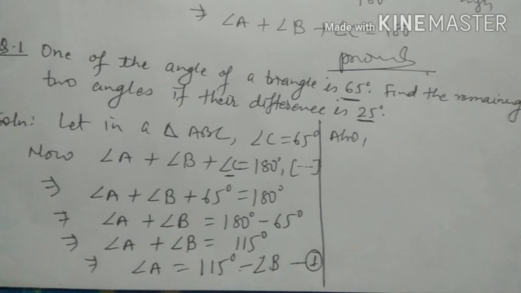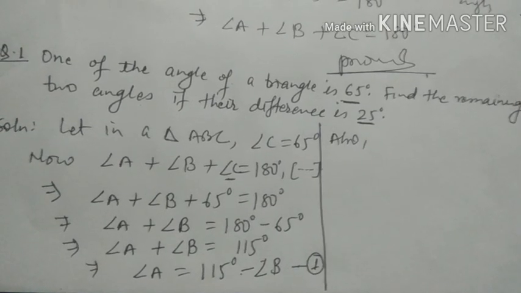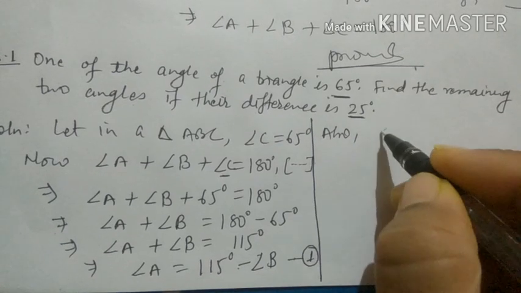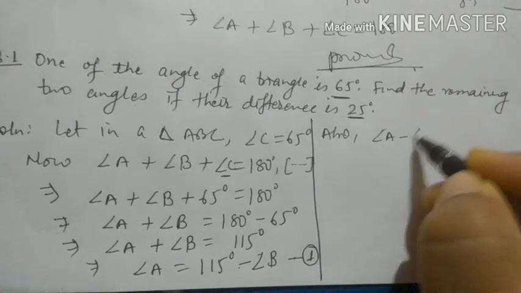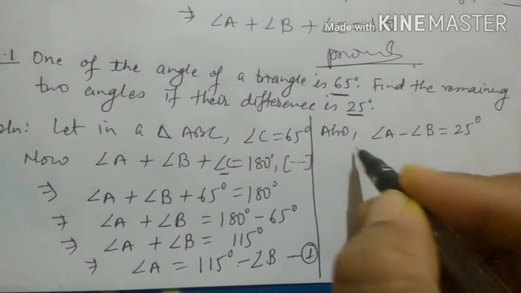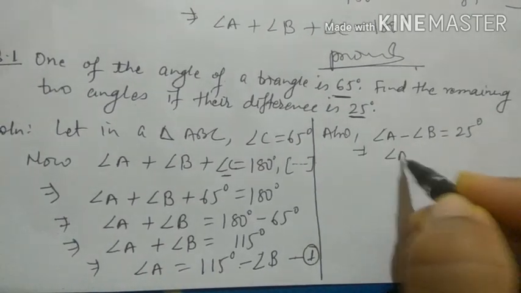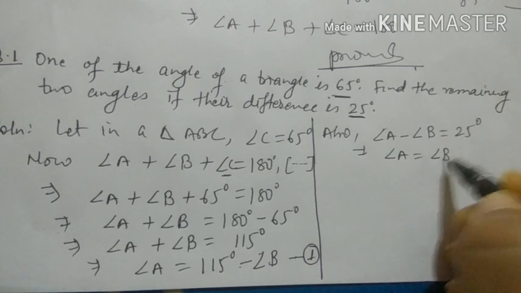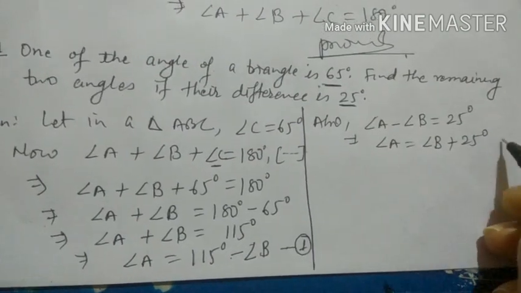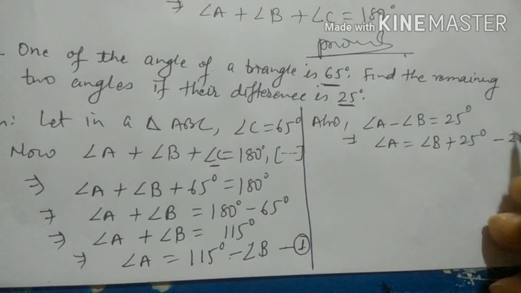So angle A minus angle B equals 25 degrees, and this implies angle A equals angle B plus 25 degrees. Denote it as equation 2.